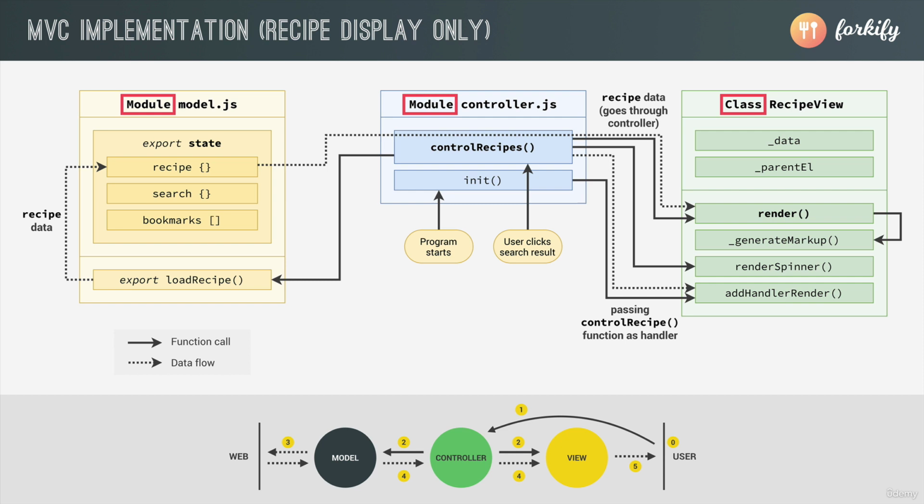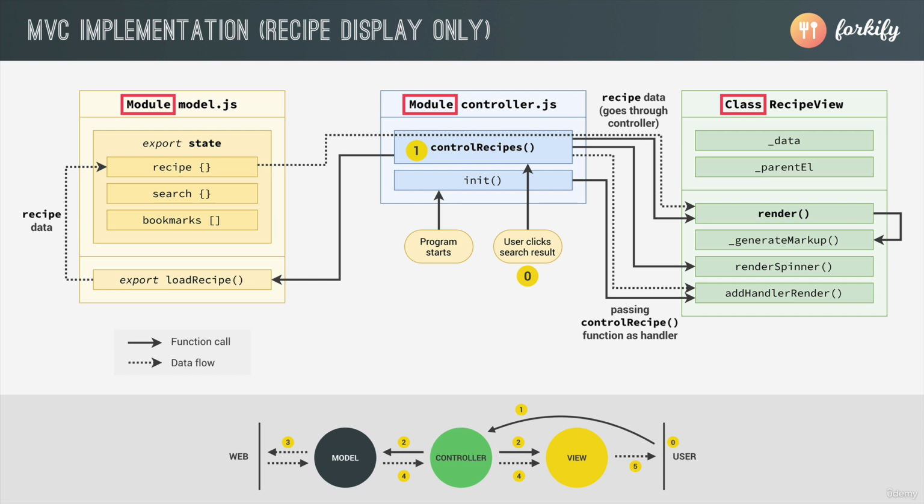And we will explore the reasons for this when we actually write the code. But now, once again, let's analyze the same data and actions flow, but this time in this real implementation. So when the user clicks on a search result, there is a control recipes function in the controller, and this is the one that will handle this event.